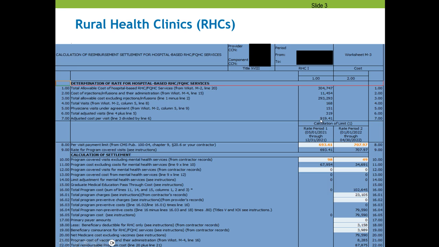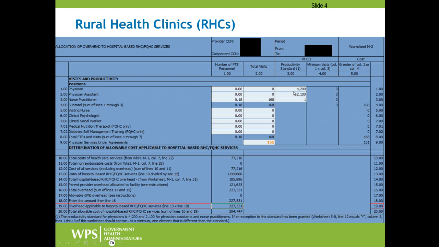Then this 919.41 is what would flow down to be the actual rate that's used. That is multiplied by the Medicare visits down here, line 10, and these come from the PSNR, by the way. They're Medicare only. This arrives at the actual program cost, or Medicare cost, that's allowable. So that's how the M-3 basic mechanism works.